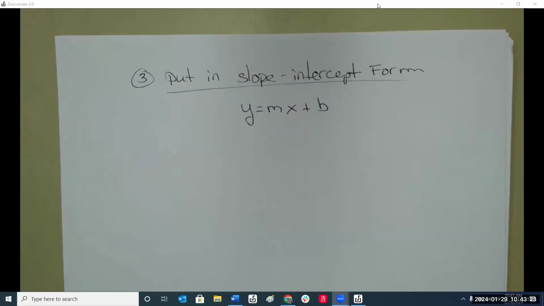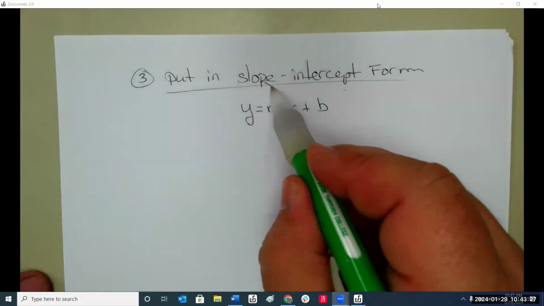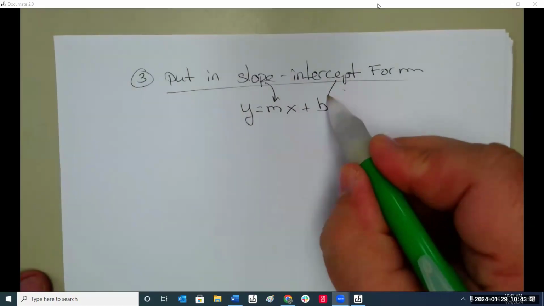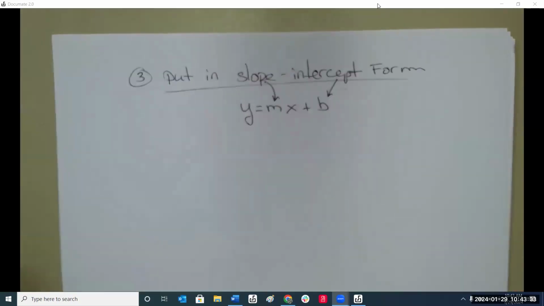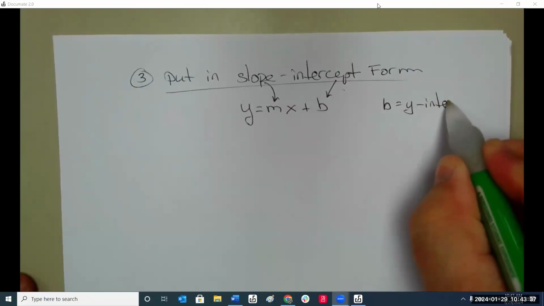Mathematicians are not imaginative. The reason this is called the slope intercept, because what is M? Slope. What is B? The y-intercept. B is the y-intercept.